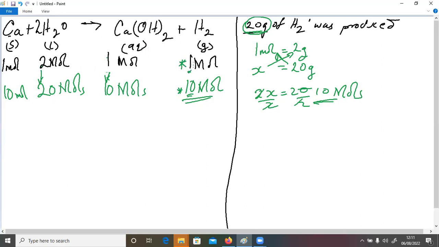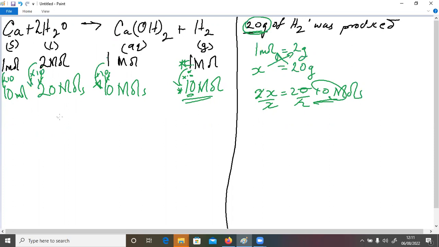So I multiplied this one by 10, this one by 10, these two by 10, and this one by 10. It's everything times 10, and here it's also times 10. So that's the general equation.